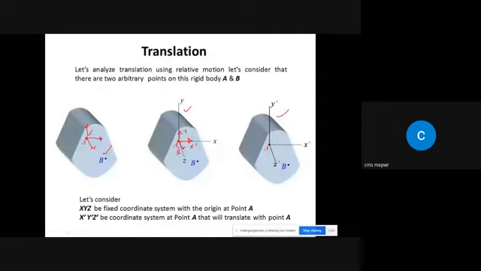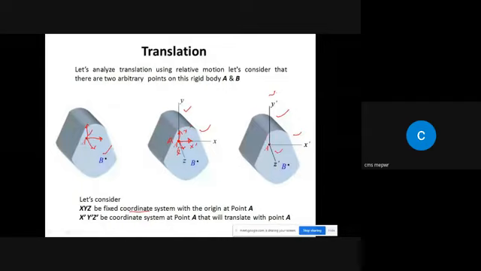Now, what is the difference between the coordinate systems? The coordinate system x, y, z is basically a fixed coordinate system at point A. Means this point A will be considered as the origin. This coordinate system will not move. Now in this case, the coordinates x dash, y dash, z dash will not remain at this origin.